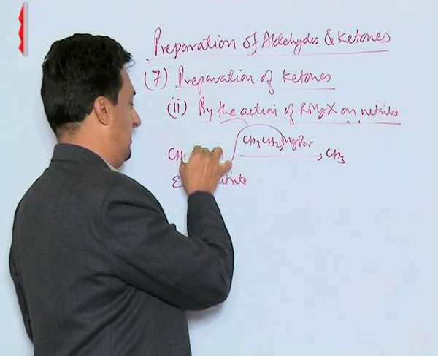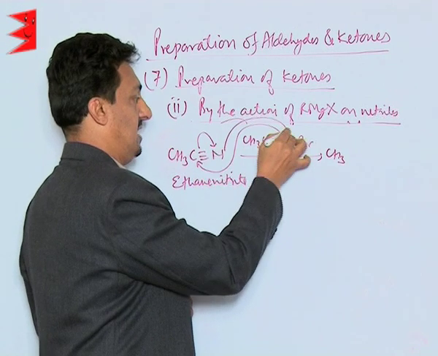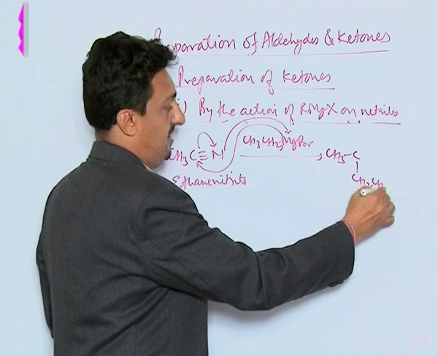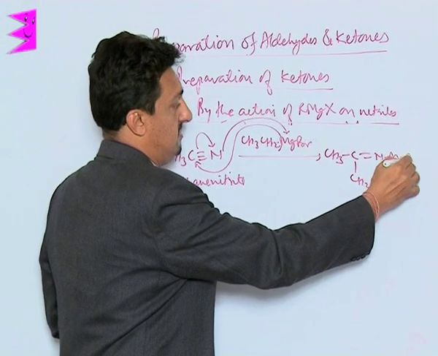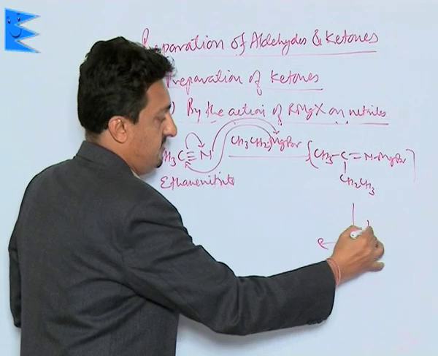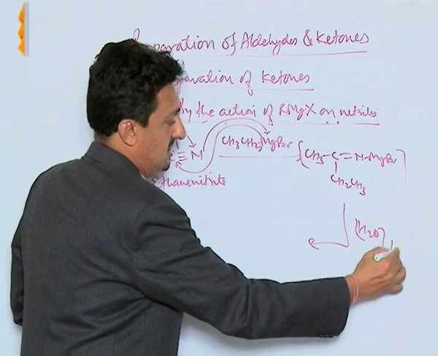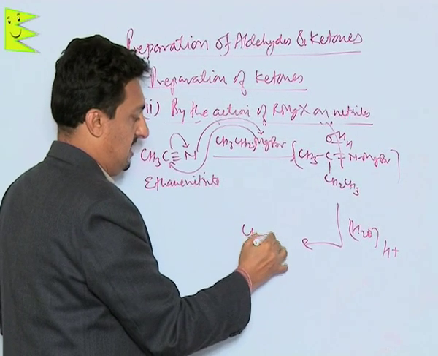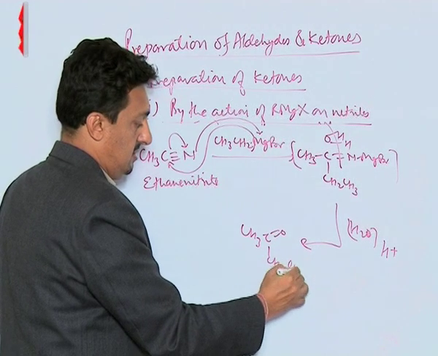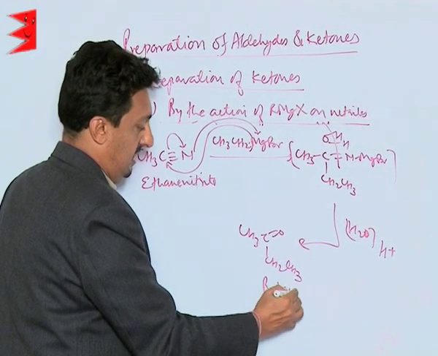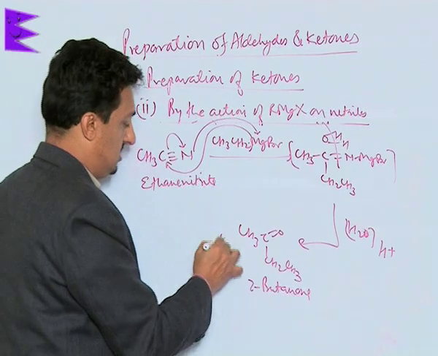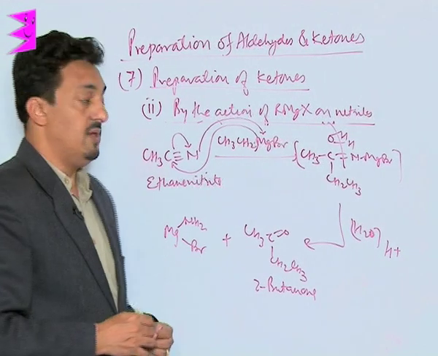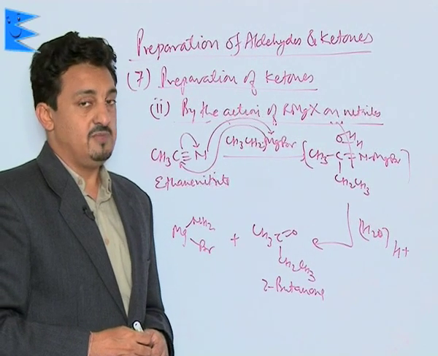This will attack here, this will shift here, this will make this nitrogen attract this one here. So what we will get is CH2CH3 double bond N, MgBr. This is the adduct formed, which on hydrolysis in acidic medium is going to give us a compound like this. So we get butanone, 2-butanone, plus magnesium amino bromide. So this is how we can prepare ketones from the nitriles.